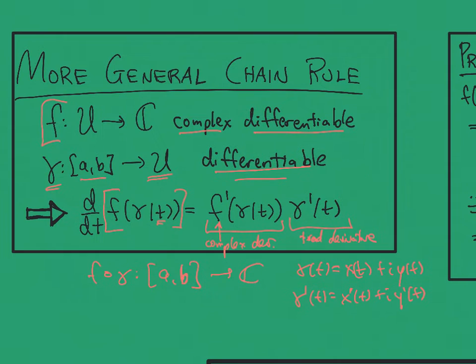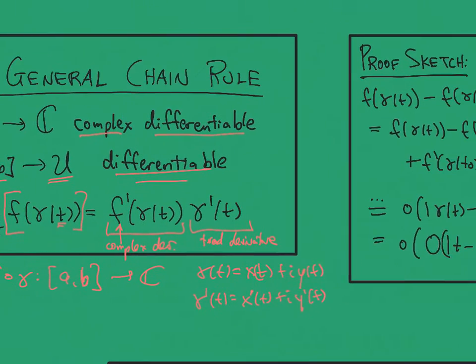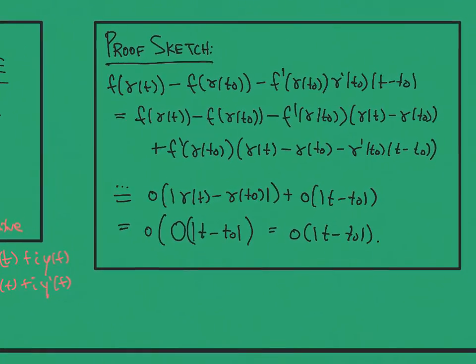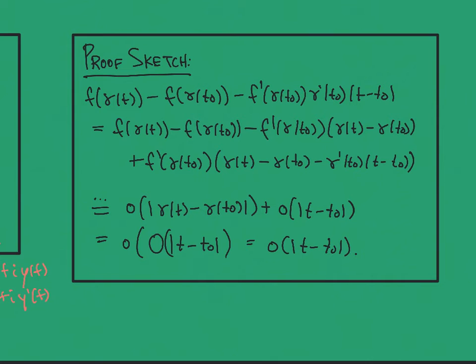Now let me give a sketch of how you prove this. To do all the epsilons and deltas may be a little too much in a short video, but I think with little o notation you can sketch how it goes pretty easily.